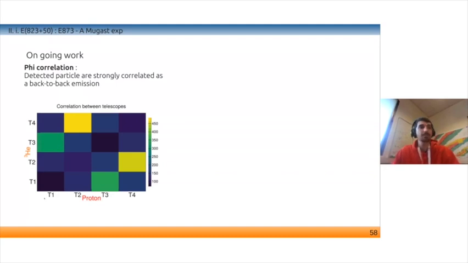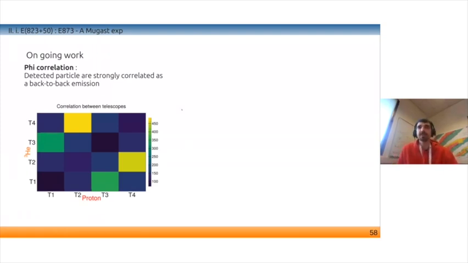For multiplicity 2, if you detect a proton in the first telescope, where the helium-3 is detected, we see the pairs T1, T3, and T4, T2, that is in fact the diagonal telescope and implies a back-to-back emission. So this is the next step for phi correlation.